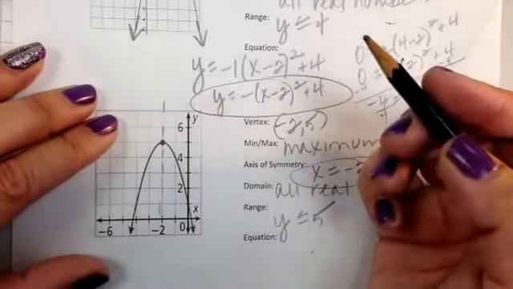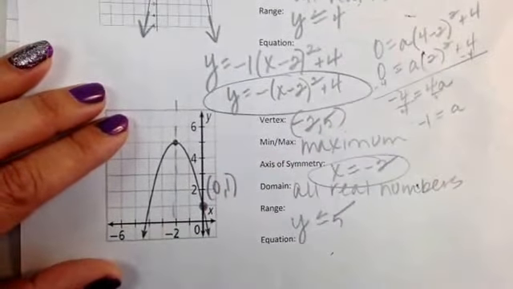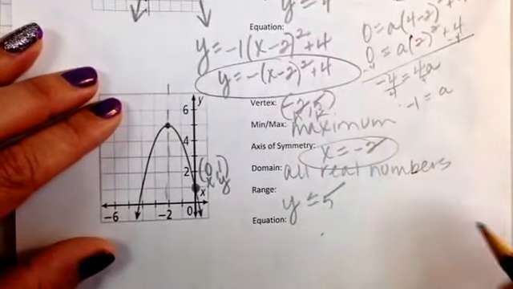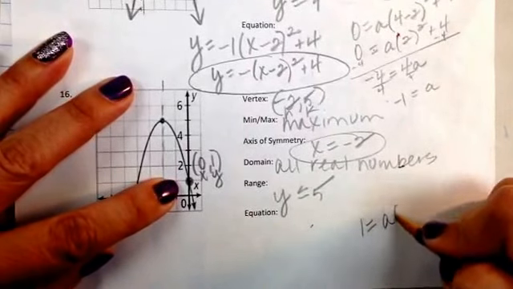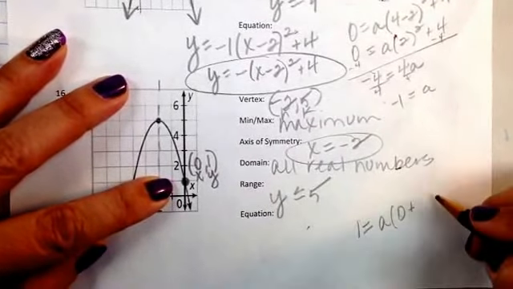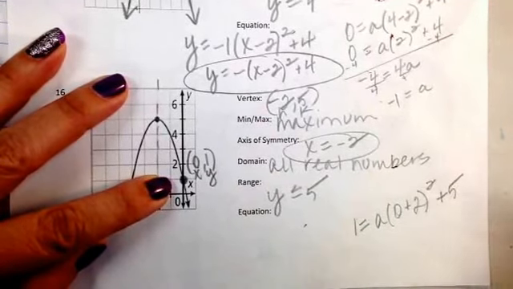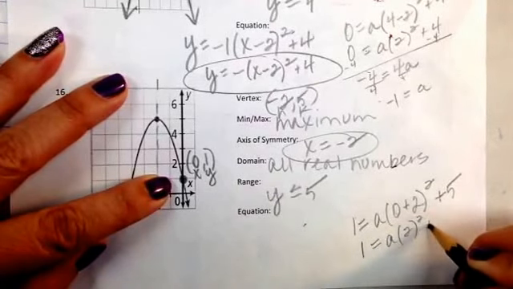Let me use the point 0, 1 to write my equation. Just want to remind you that even if you didn't use this point, you should still get the same a value I do. Y equals a times the quantity x minus h. In this case, it's 0 plus 2 squared plus 5, which is the k value. 1 equals a times 2 squared plus 5.